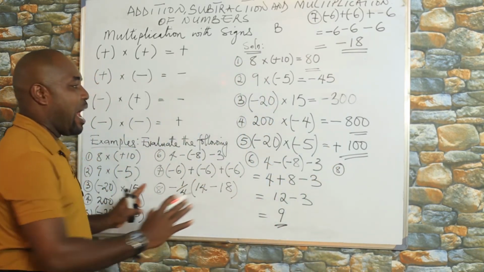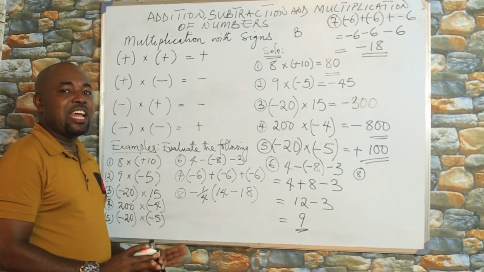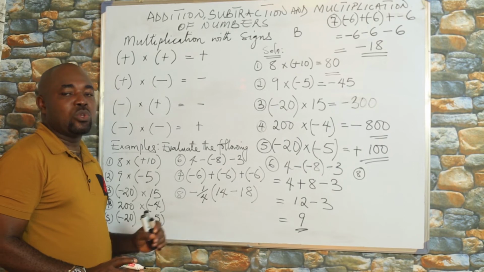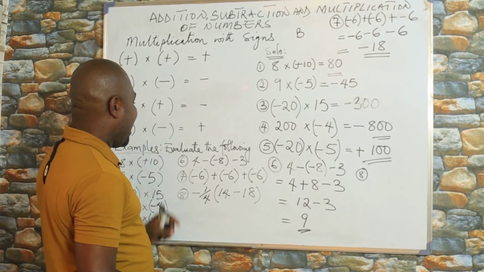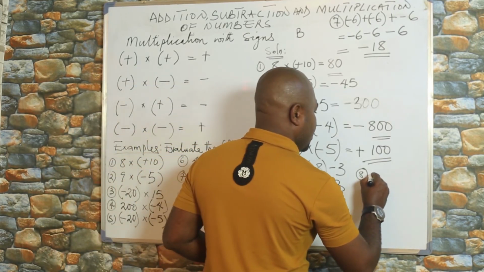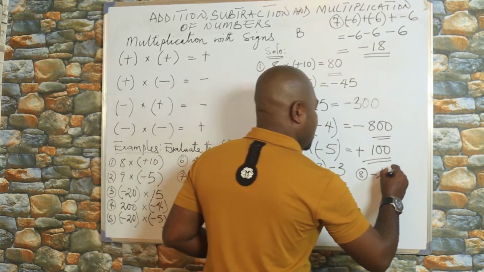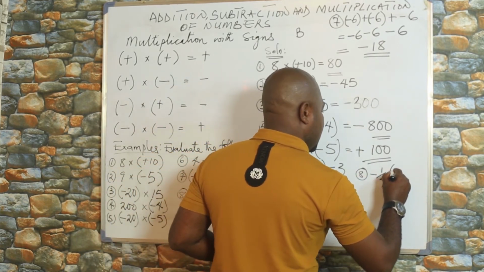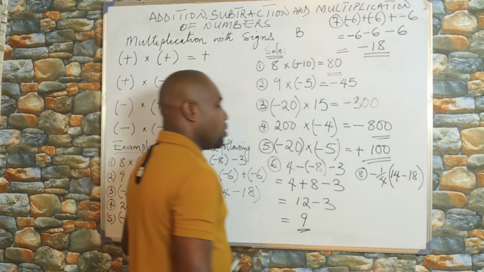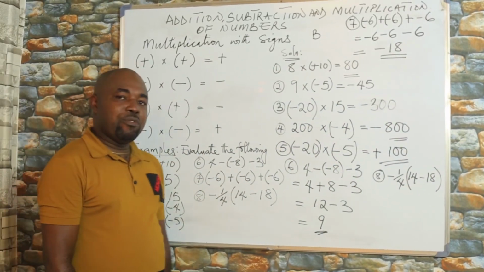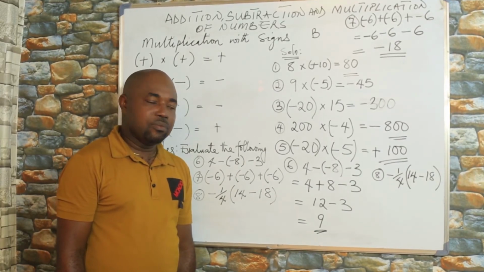I don't want to wipe out anything until we finish, so that you can pause and take down your note so that you'll be able to solve your own exercise. Minus 1 over 4 in bracket 14 minus 18.